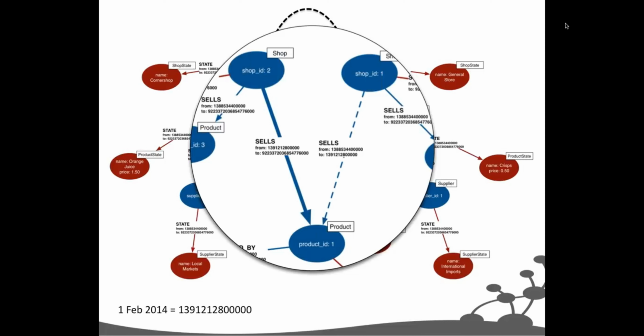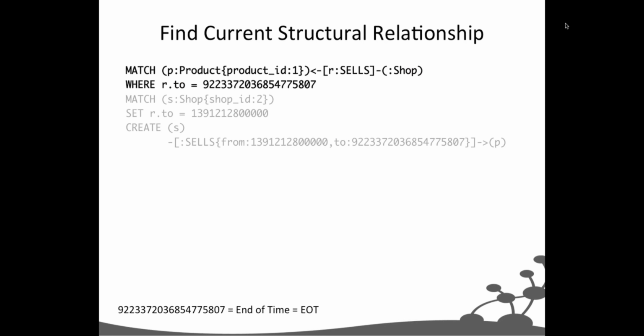Now we can see that the dashed relationship was applicable for a specific bounded period of time, and the new sales relationship was introduced on the 1st of February and is the current sales relationship in this particular instance.